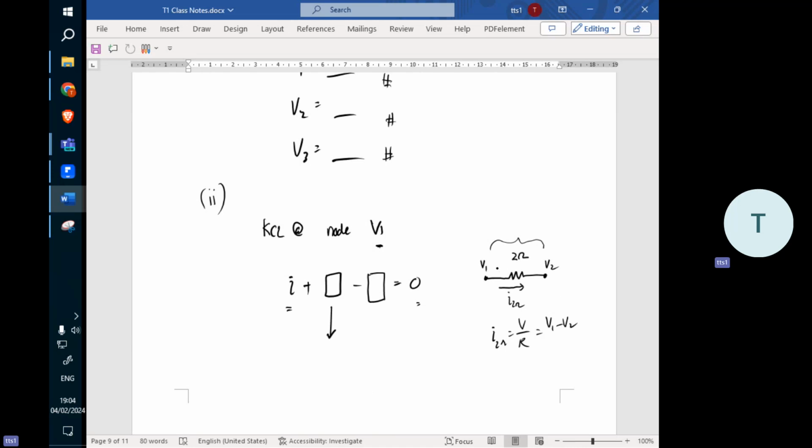You cannot just take one of these. You need to find the total potential that this 2 ohm needs to handle. You need to take 2 points to find the real potential, right?